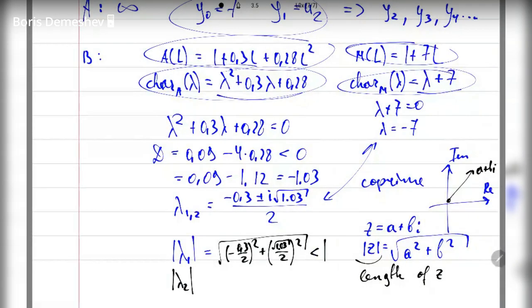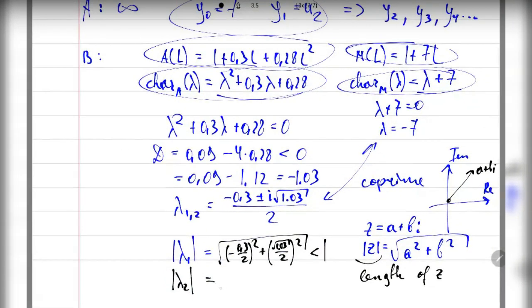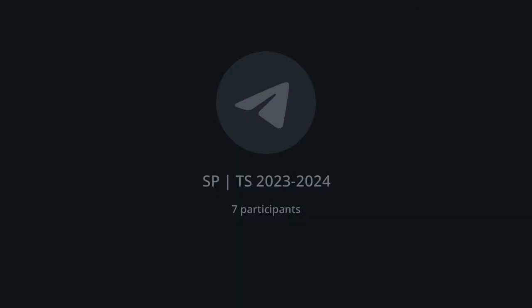If you calculate the absolute value of the second lambda, nothing changes because you will get minus inside brackets. Yeah, be careful. So all roots of the characteristic polynomial are less than 1.